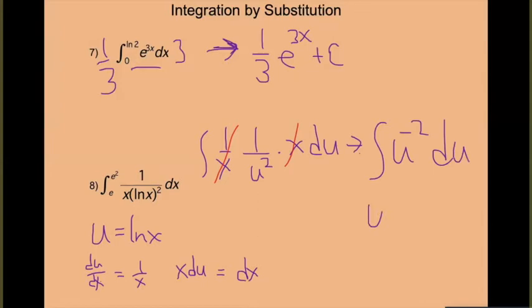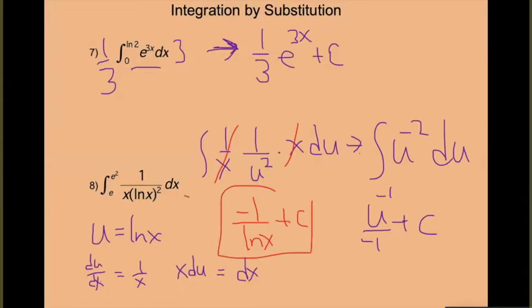You want to add 1, so it's u to the negative 1 over negative 1 plus c. So we end up with negative 1 over u, where u is the ln of x, plus c. And that is the answer to that.